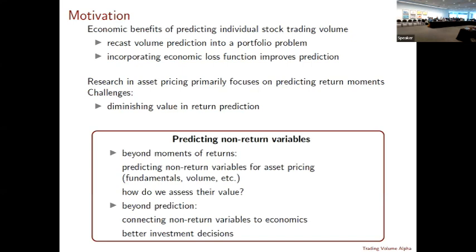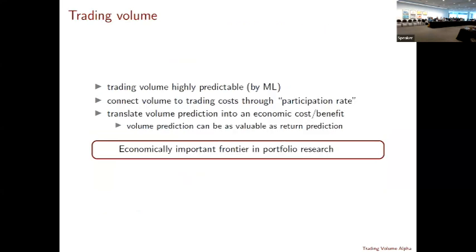There's lots of others that one could look at, but the question is, how do you assess what's a good predictive value other than just statistically, in an economic sense? And so I'm going to try to connect trading volume predictability to making better investment decisions. And I'm going to do it through a very simple model, okay? So first, we're going to find that trading volume is actually highly predictable, probably easier to predict than returns for sure.